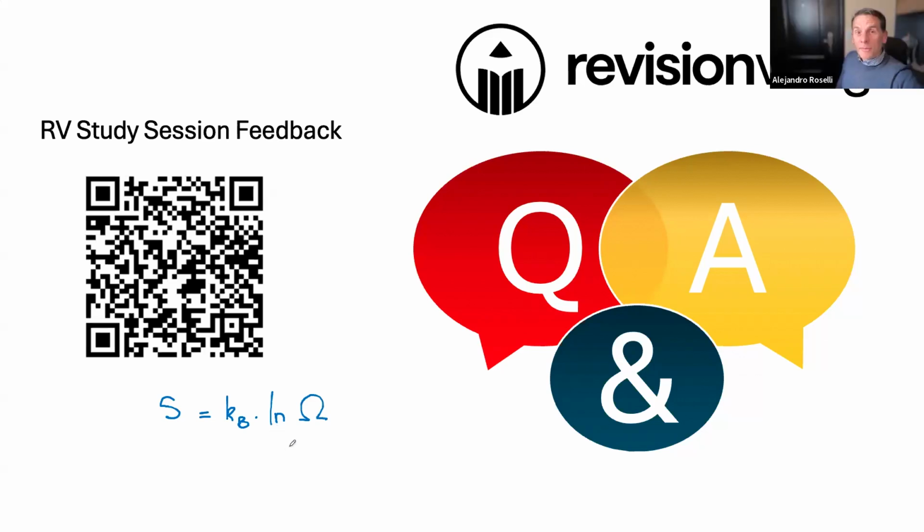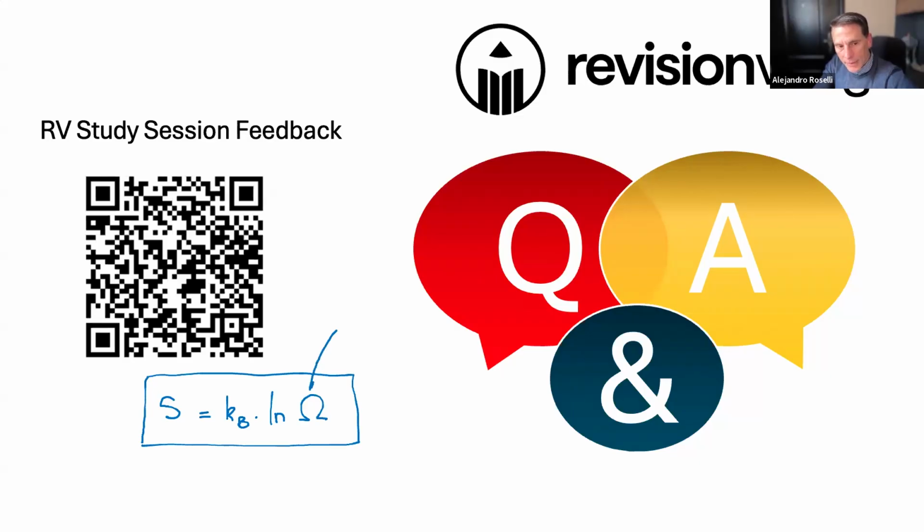This is a new equation within the syllabus. If you've been practicing with past papers, you haven't ever used this equation. We're not sure how this might be evaluated, it's a discussion that we're having. Just for the record, this equation will allow you to calculate the entropy of a system given the number of available microstates.